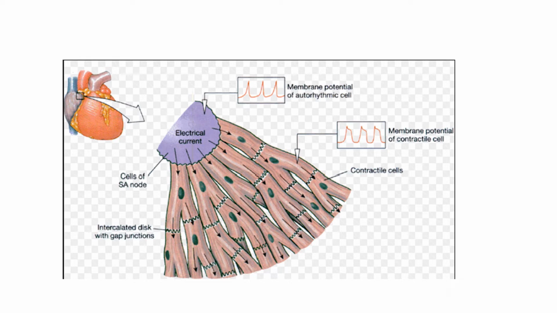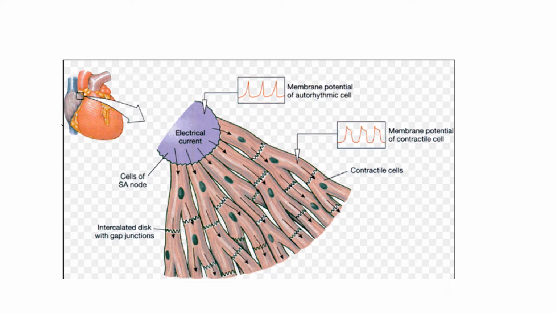Now, that's not to say that the SA node isn't very important. It's incredibly important. Without the SA node, you'd be dead. Okay? It's very important to understand what it is and what it does. It's just also important to realize structurally it doesn't look any different than the rest of the heart.